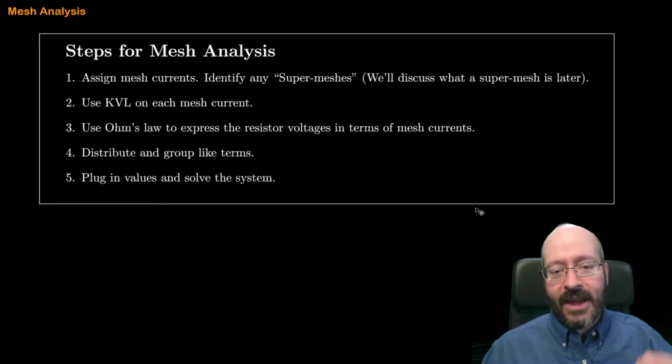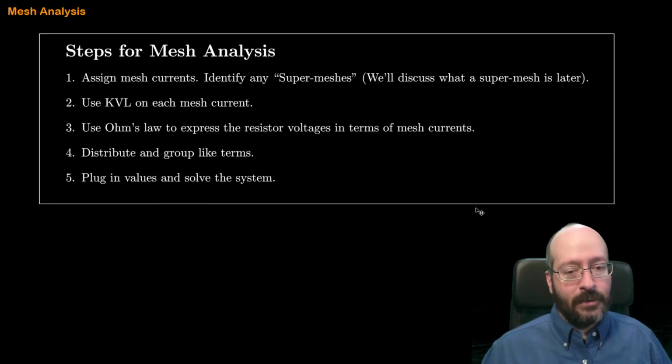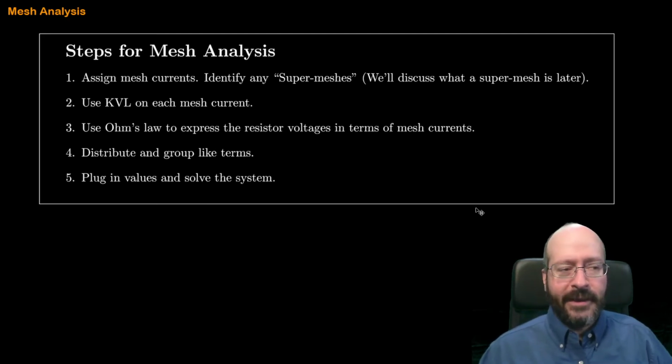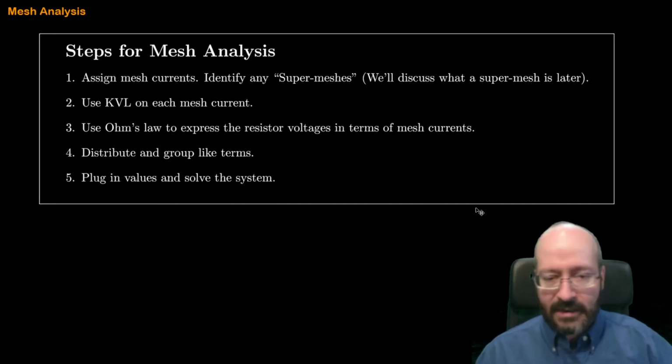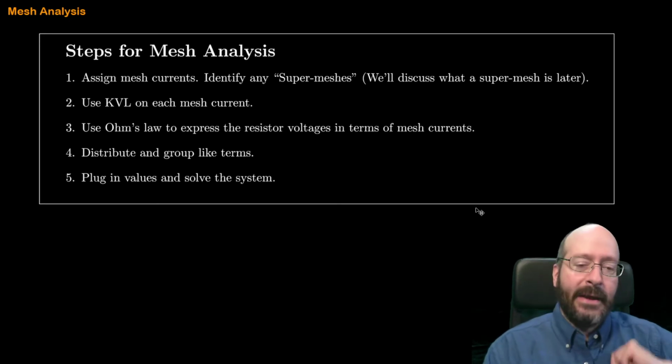We're then going to write a KVL around each mesh current, and in doing that, we're going to end up with the same number of equations that we have unknowns. Then we'll have to figure out how to solve that, and there's going to be some other videos for you to watch on how to solve it using your calculator, how to solve it using MATLAB.